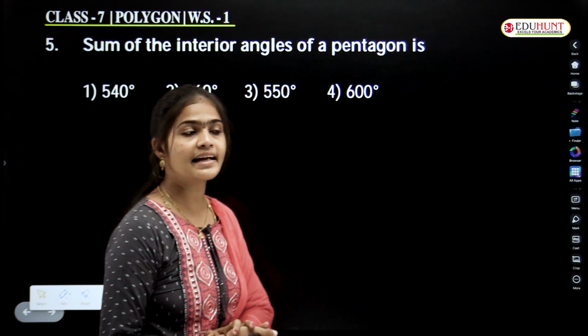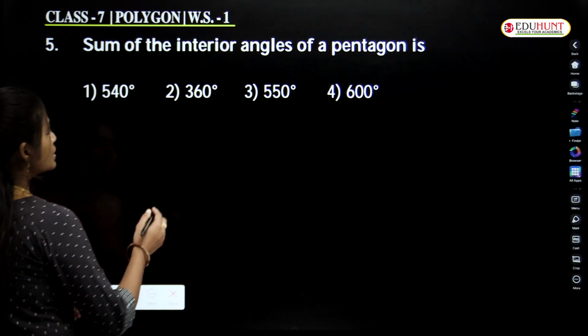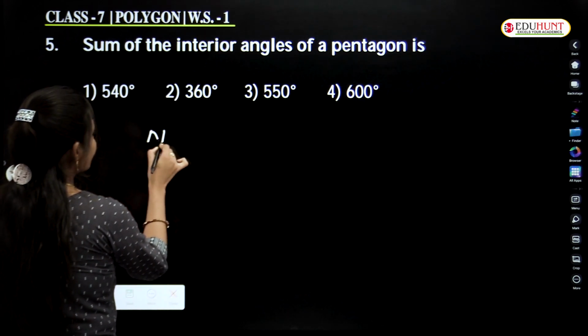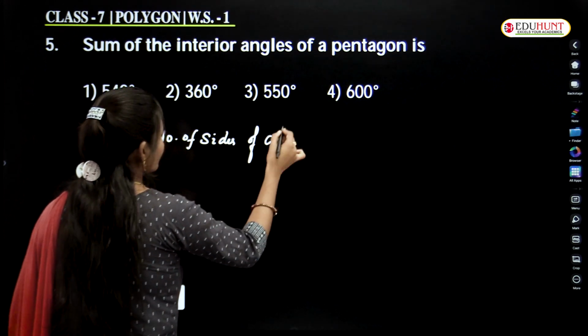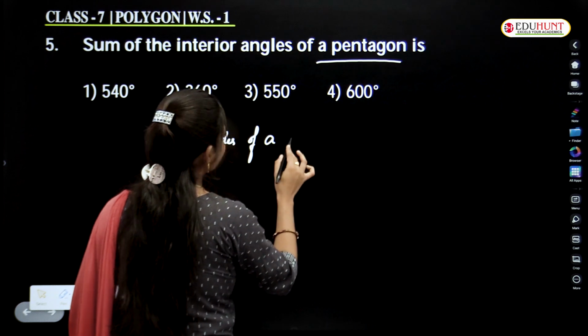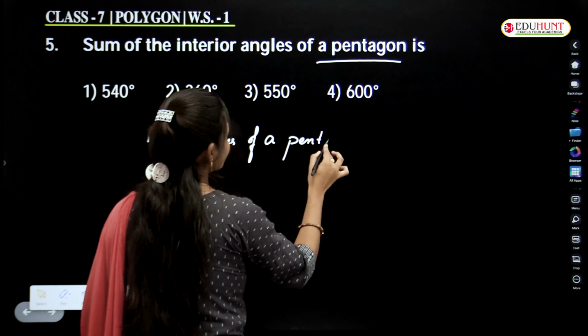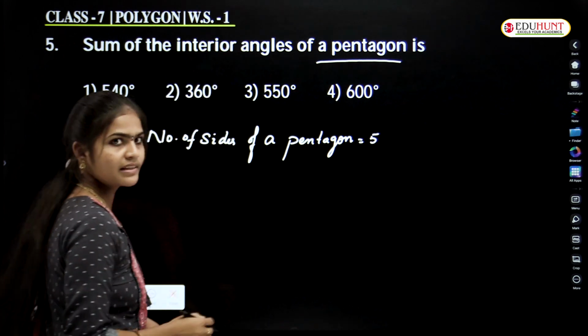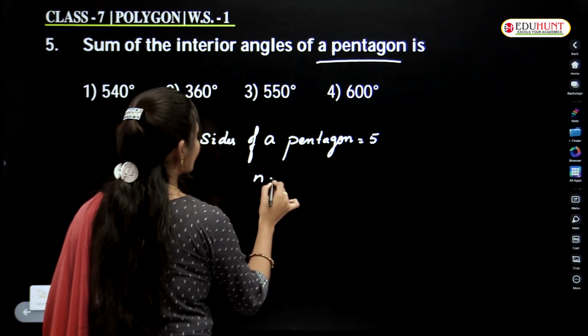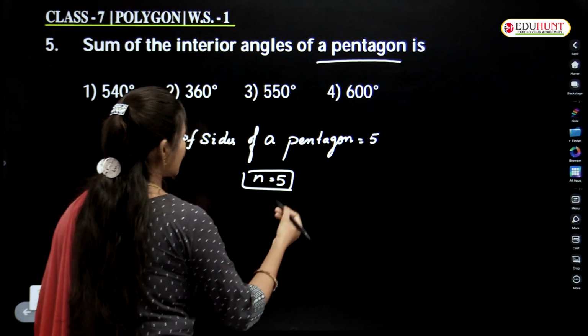Onwards, the problem says the sum of all the interior angles of a pentagon. First, the number of sides of the polygon. What polygon figure is given? That is a pentagon. In a pentagon, how many sides are there? 5 sides. So here n is equal to 5. We got clarity.